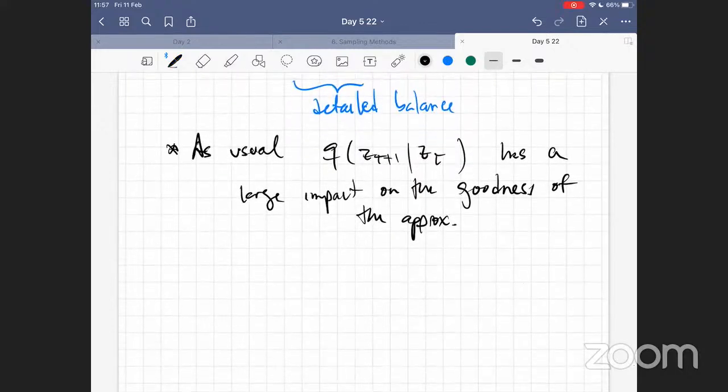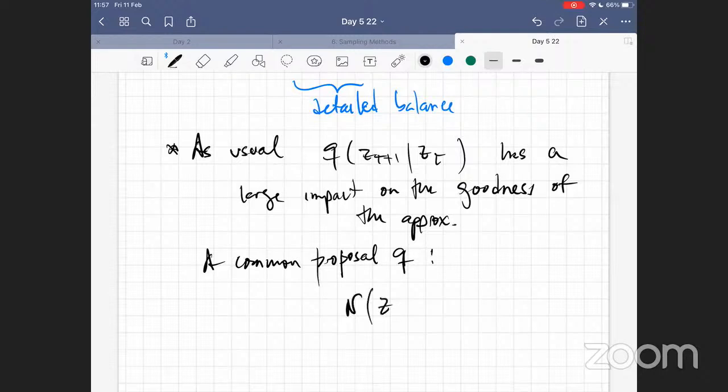A very common proposal distribution is actually the Gaussian, as you may have expected.